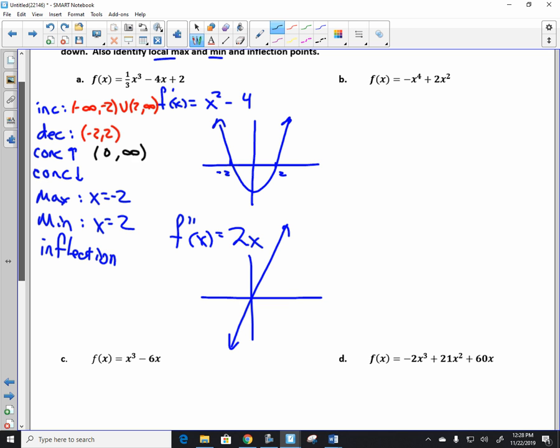Where is it negative? That would be concave down. At what point does the second derivative change sign? At what point does it change from negative to positive or positive to negative? At 0. How's that?